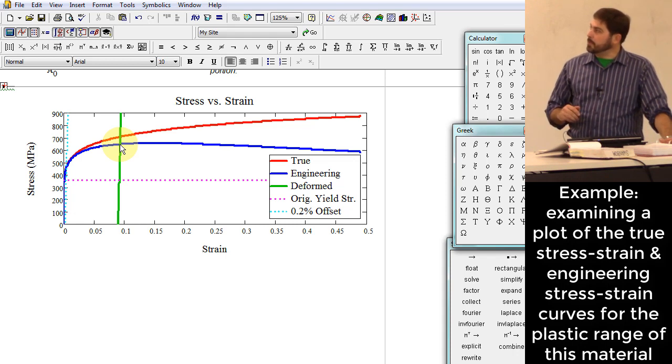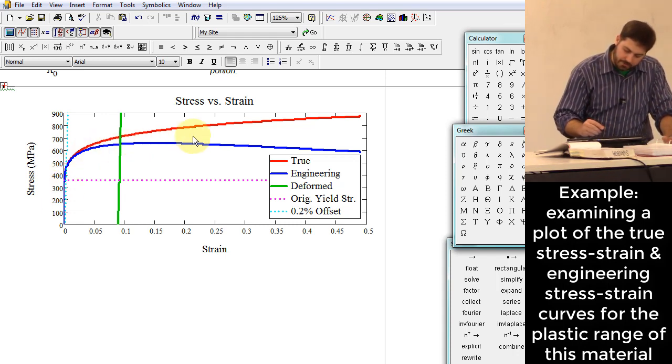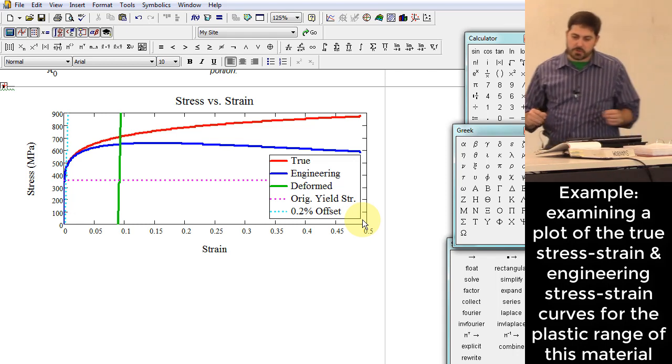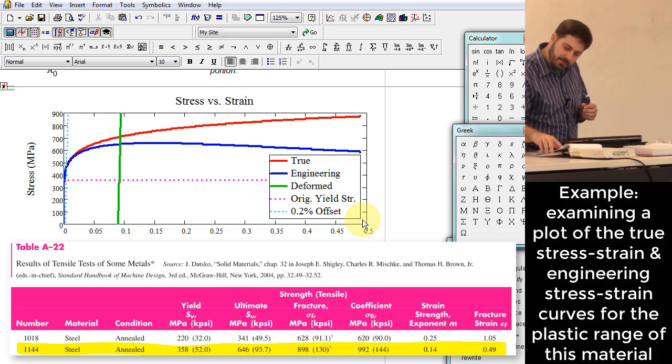The other thing that I'm going to mention before I go back off of this picture is that I went ahead and plotted these curves all the way out to an amount of strain that it says in table A22 this material can withstand. You might see the very last entry in there. It says fracture strain of 0.49.